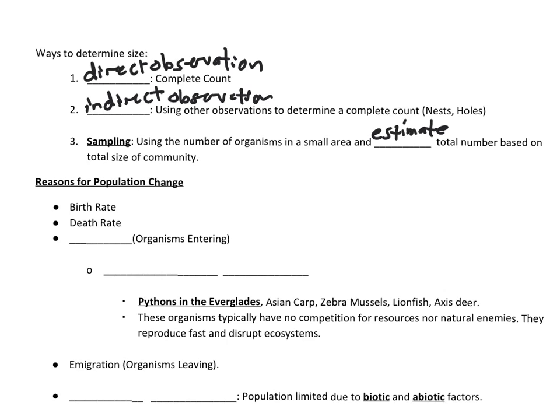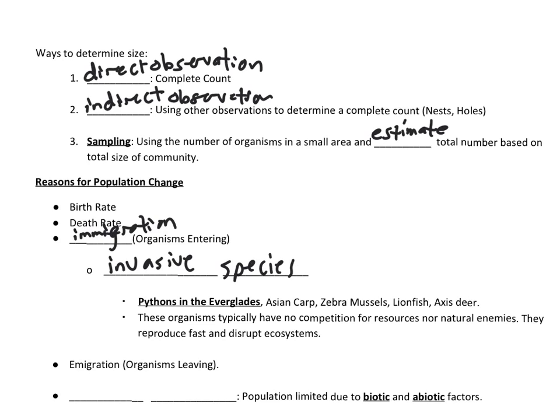And then having immigration occur, having some members of a different group come into that population, would change the population size. And when we're talking about overall communities or ecosystems, sometimes we have entire populations that come into one of those ecosystems that don't belong there, and we call those invasive species.